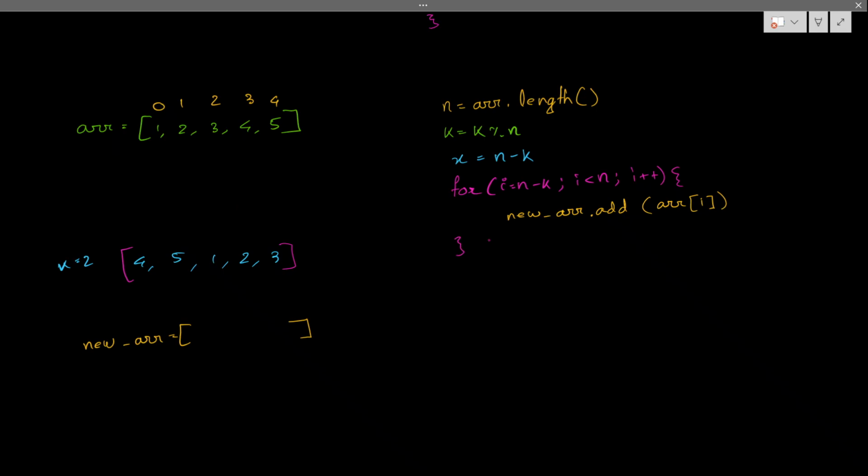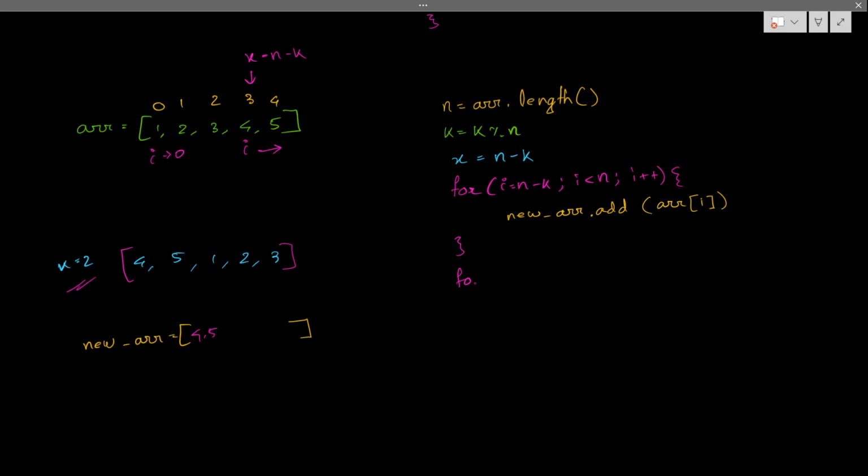And the second iteration also I need. In the first iteration, 4 and 5 are being added at the end. Next I have to start from i equals 0 up to x. This is my current x position, x equals n minus k, and k is 2 here, so n minus k is 3.